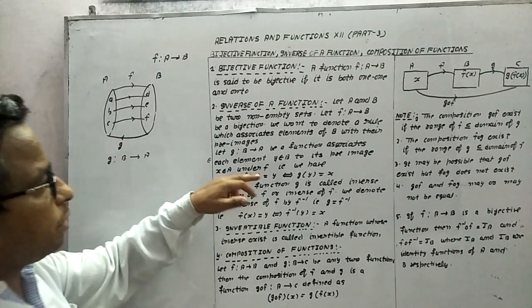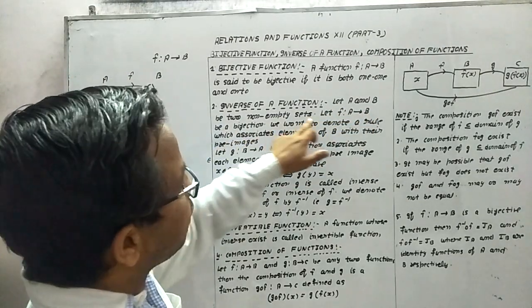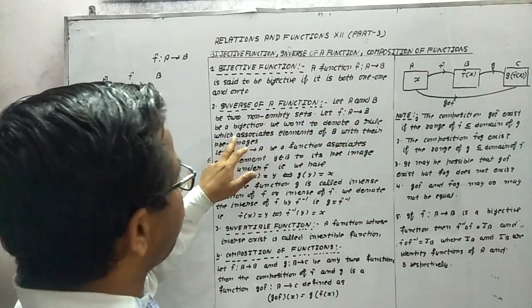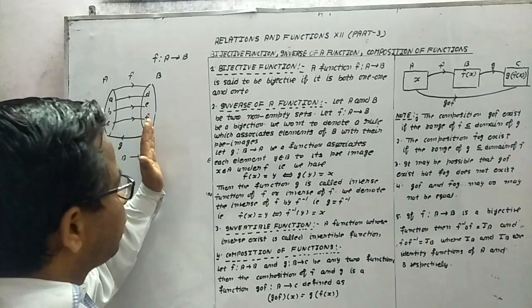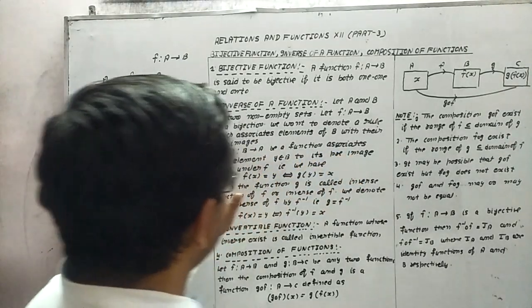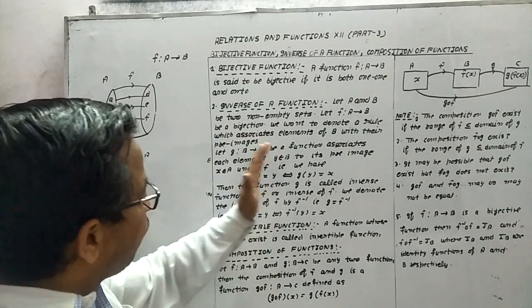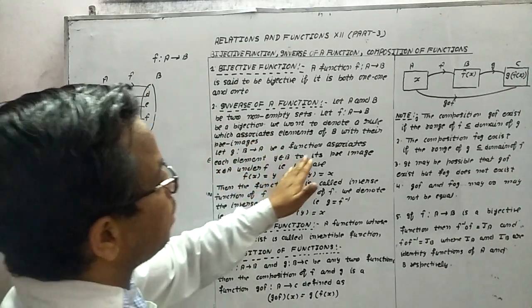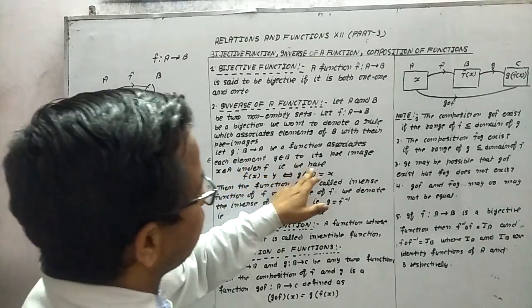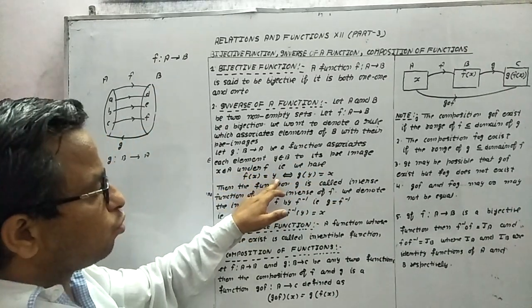So it is mentioned here: let A and B be two non-empty sets. If f from A to B is a bijection, we want to define a rule which associates each element of B with its pre-image. Let g be a function that associates each element y belonging to B with its pre-image x belonging to A under f, that is, we have f(x) = y.